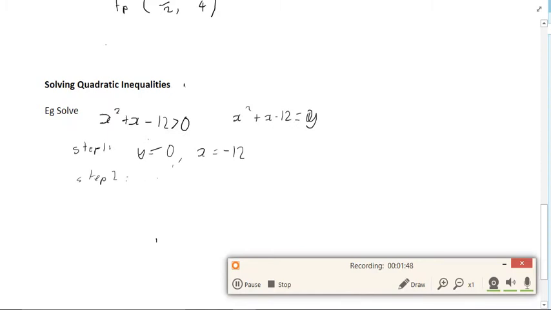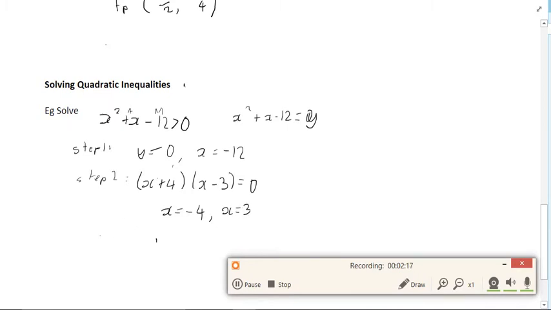So you'd need to find what adds to give 1 and multiplies to give -12. That'd be +4 and -3, so (x + 4)(x - 3) is equal to 0 if you had to solve that. So either x plus 4 is equal to 0 or x minus 3 is equal to 0. So x is equal to -4 or x is equal to 3.